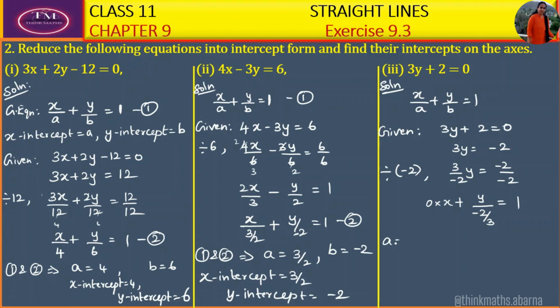That means a is equal to 0 and b is equal to minus 2 by 3. Therefore, x-intercept is equal to 0 and y-intercept is minus 2 by 3. So this is the solution for this problem. Clear? So shall we move on to the third question?